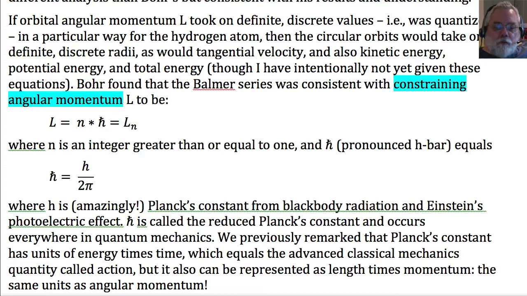H bar is called the reduced Planck's constant and occurs everywhere in quantum mechanics. We previously remarked that Planck's constant has units of energy times time, which equals the advanced classical mechanics quantity called action. But it also can be represented as length times momentum, the same units as angular momentum.